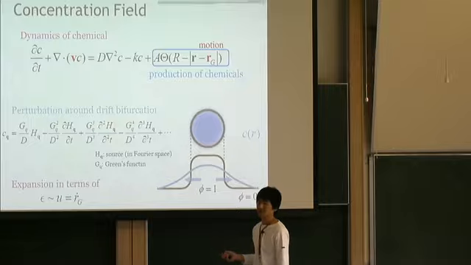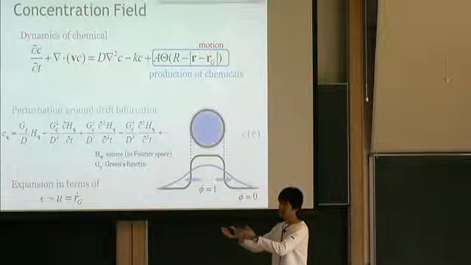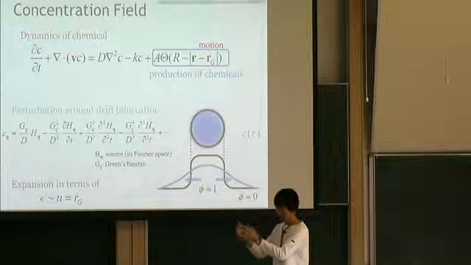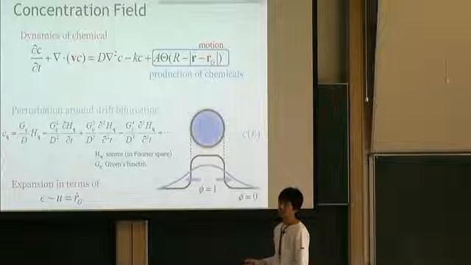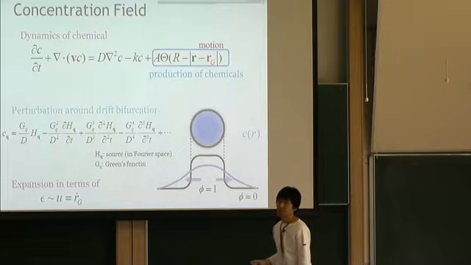What's the physical origin of the disappearance of the concentration? Well, there are many situations. For instance, if you have a box, some boundary determines the length scale of this k, or if there is a reservoir of chemical molecules, then it also creates this kind of term. I think there are many situations.